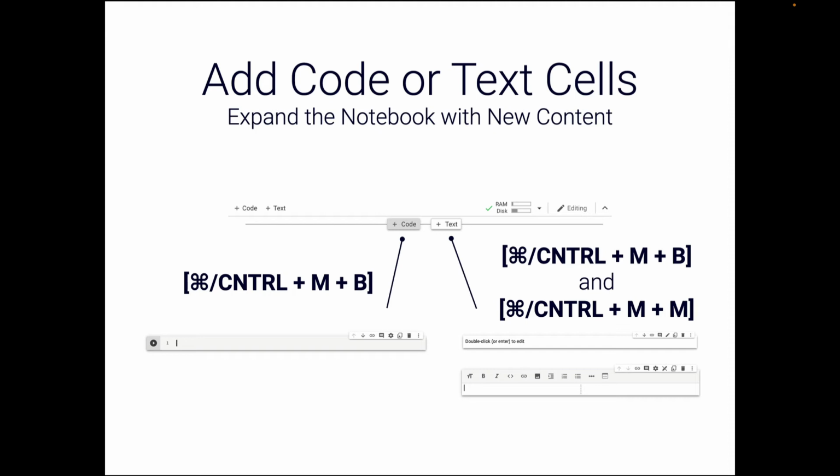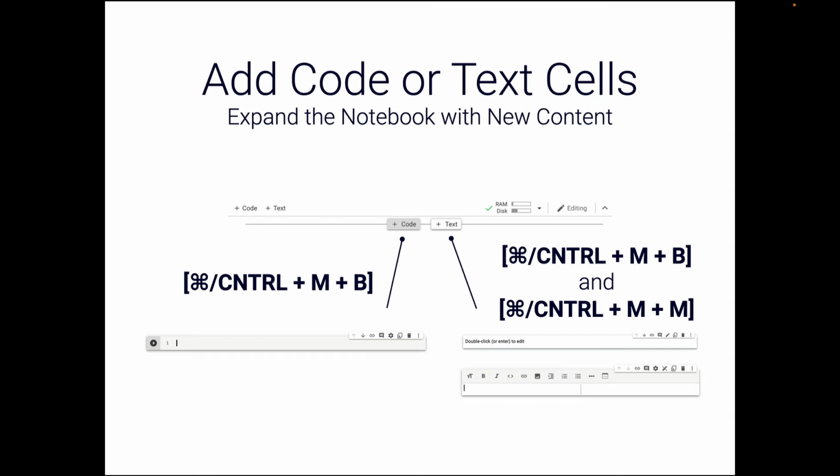Similarly, we can create a markdown cell by first creating a code cell and then converting it over into a markdown cell. So Command M and B will create that code cell on a Mac. Control M and B will create it on a Windows. And then we have to issue the second shortcut of Command M and then M again to convert it from a code cell into a markdown cell. And then we can write text or prose describing what the analysis sort of entails.